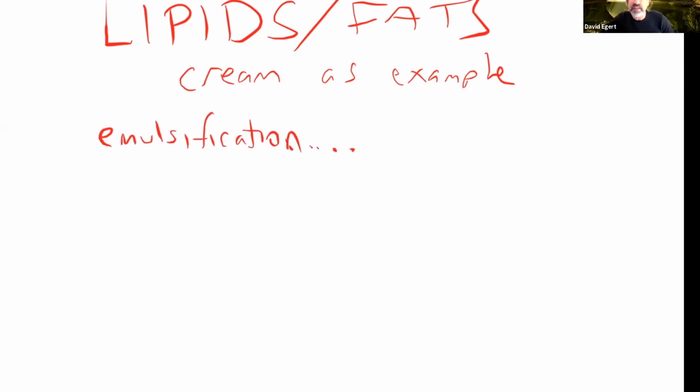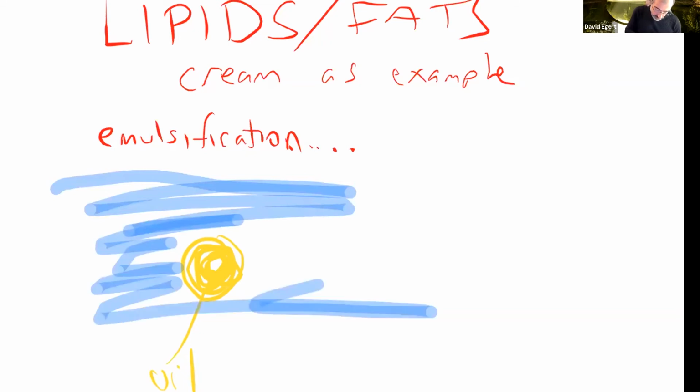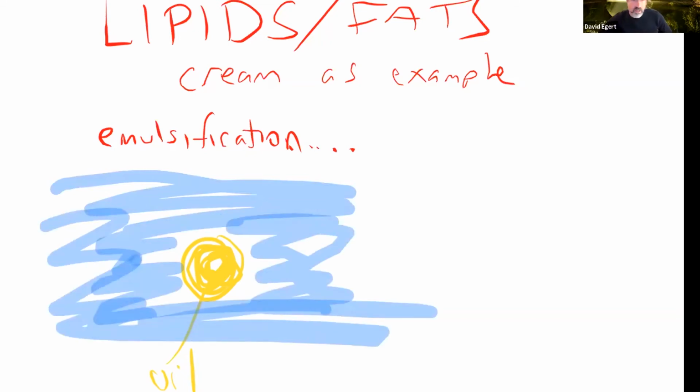So let us say you just took a swig of olive oil. All right, so we have olive oil, and you've just swallowed it down into your stomach where it's all kind of watery. What do we know about the glob of olive oil sitting in a bunch of water?